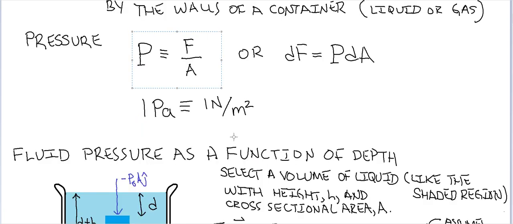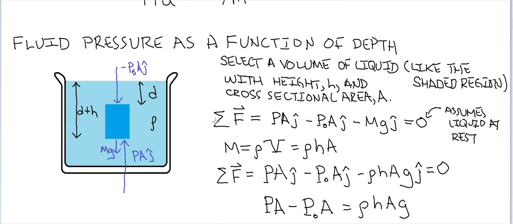The other thing that I want to point to is that pressure is not a vector, in that pressure acts in all directions. It doesn't have a specific direction. And so at the top of this volume, the pressure is going to push down. At the bottom of this volume, the pressure is going to push up. And along the sides, it's going to point inwards against the surface.